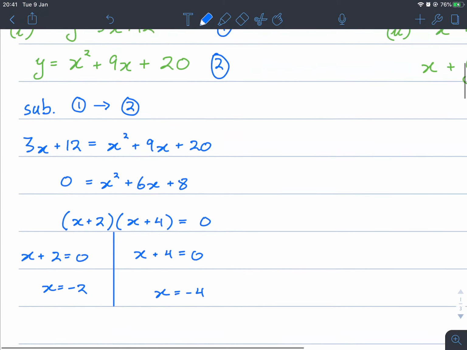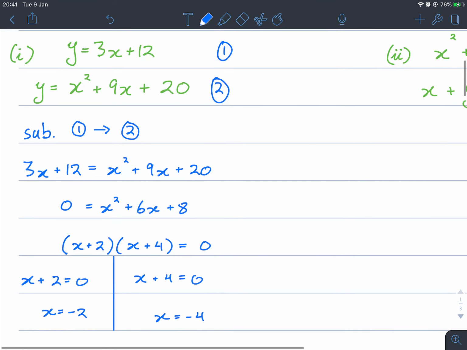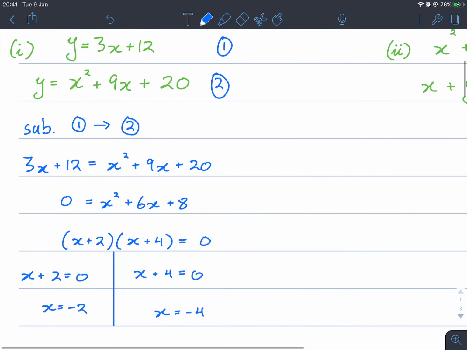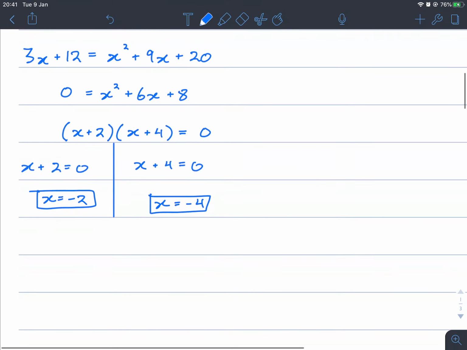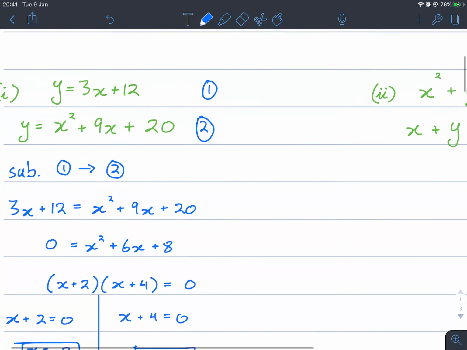But now the solutions that we require come in pairs. So I'm going to now substitute these values into one of the equations, preferably the easiest one. So now I'm going to substitute x, well, you know what, I'm just going to substitute solutions into, let's say, my equation 1, because it's the easier one.